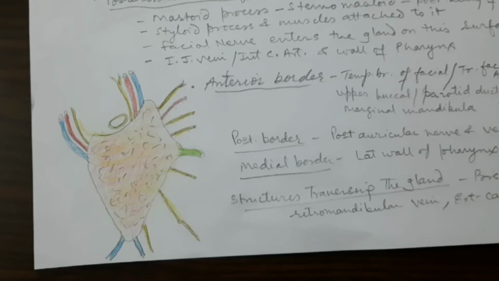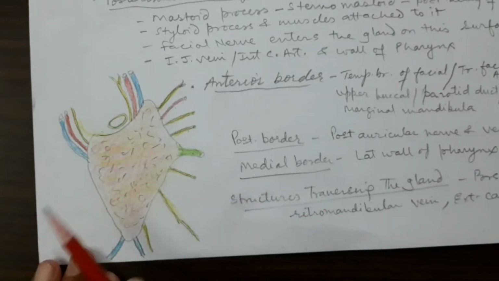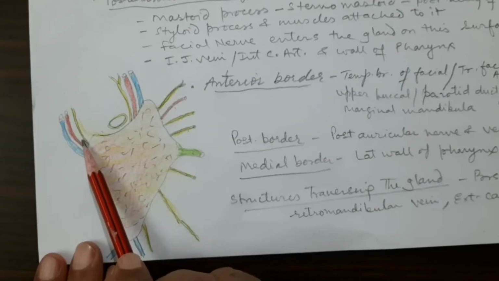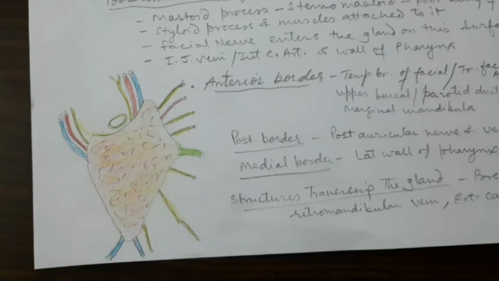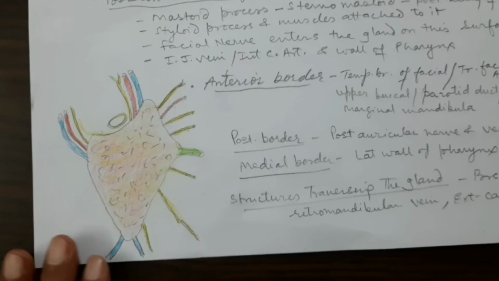Then what you will see here in the posterior border is the posterior auricular nerve and the posterior auricular vessels. They will be related in the uppermost part of the posterior border.